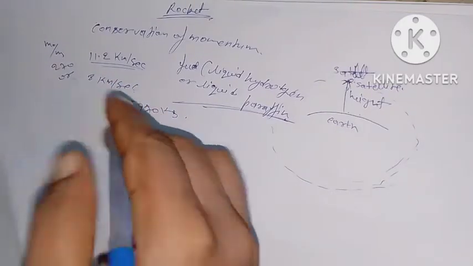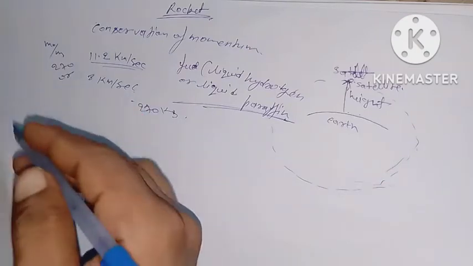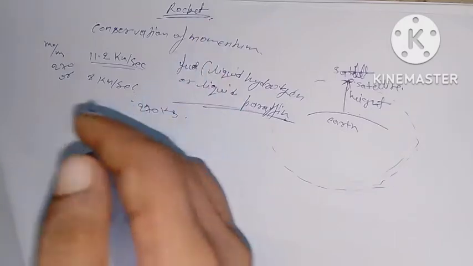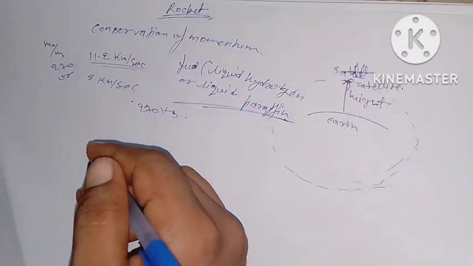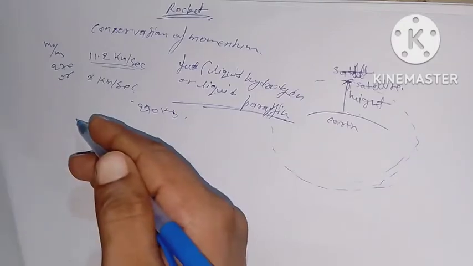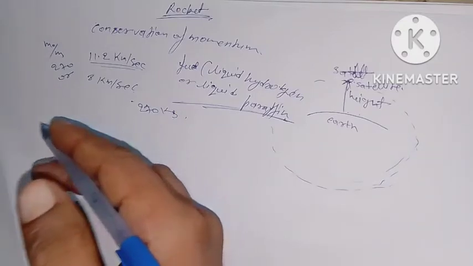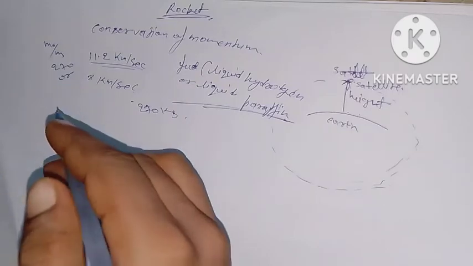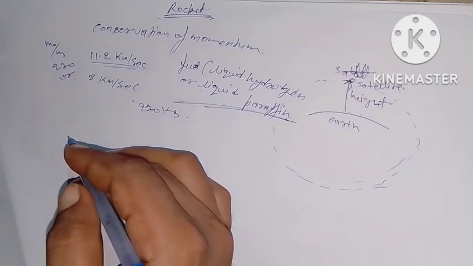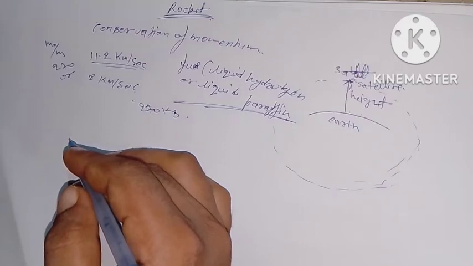The second stage gets detached and the third stage takes over the further job, and so on. The velocity of the rocket thus goes on increasing at each stage, and finally a horizontal thrust puts the satellite in an orbit around the Earth at the desired height.